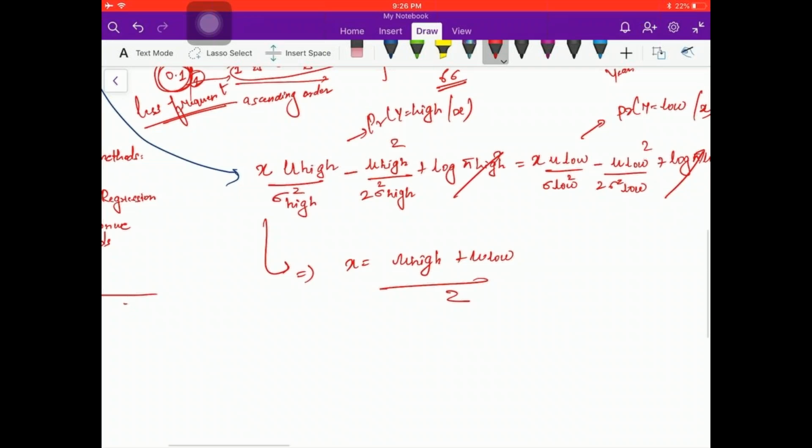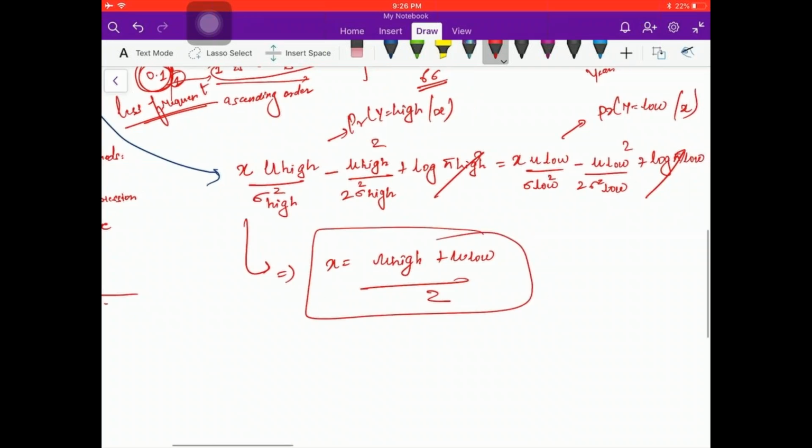Is this clear? There is an inherent assumption behind how this comes about, but solving this equation, this will come. Or should I show the steps here? No, it's okay. We'll do that.